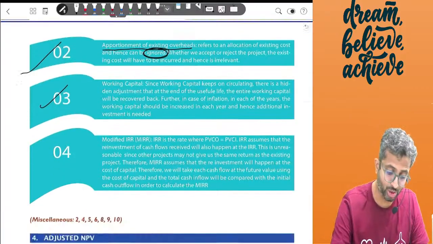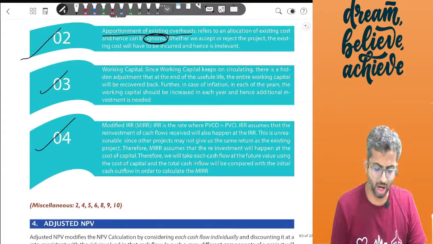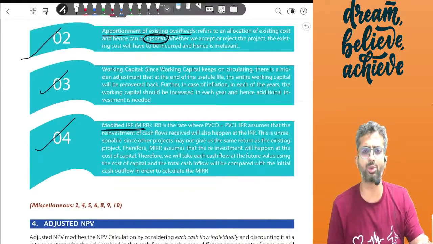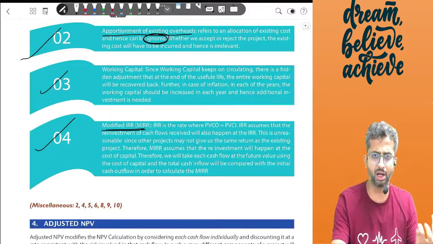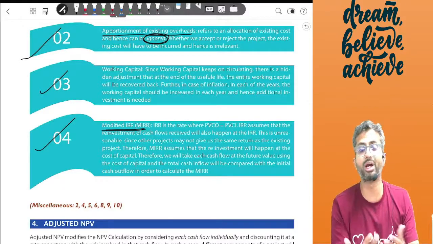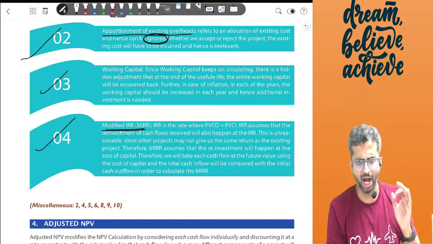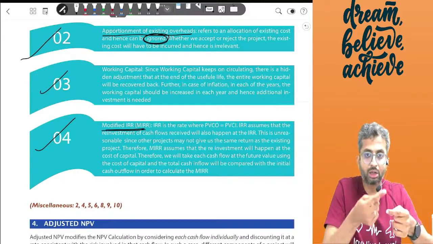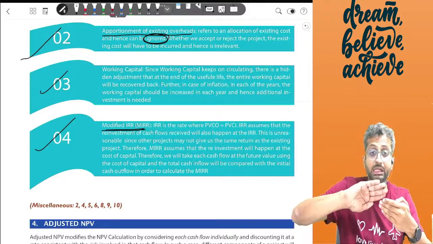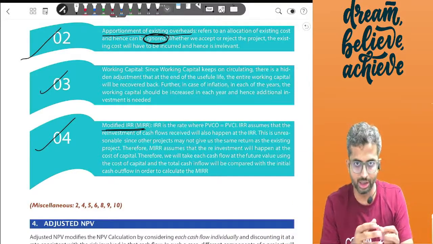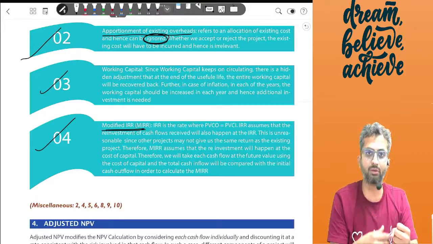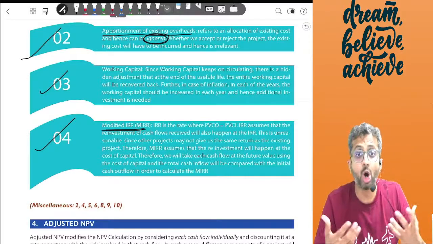And then you have a calculation of modified IRR. Remember, how do you calculate IRR? IRR is the rate where PVCO equals PVCI. Now what is modified IRR? Modified IRR tries to improvise on the drawbacks of IRR. IRR says that what I earn from this project is the same that I will earn even from other projects. So the thing over here is, the money that I will receive in year 1, year 2, year 3 from this project, what will I do with the money?